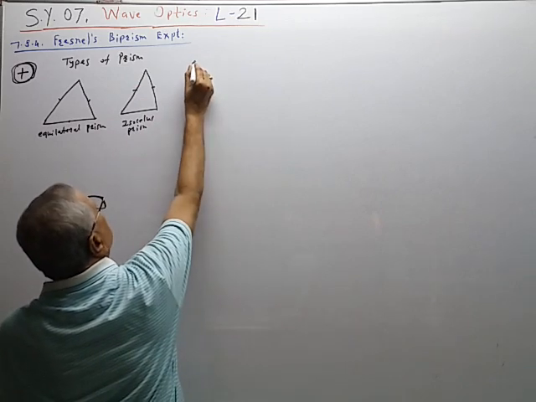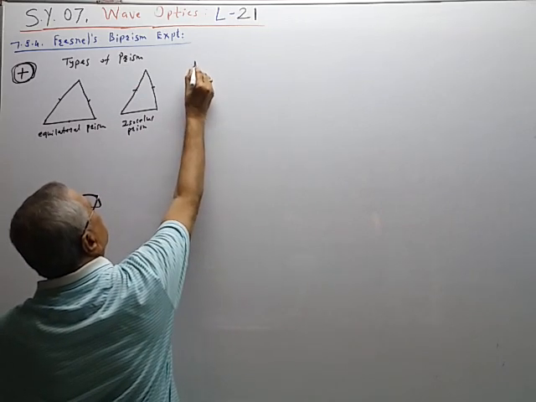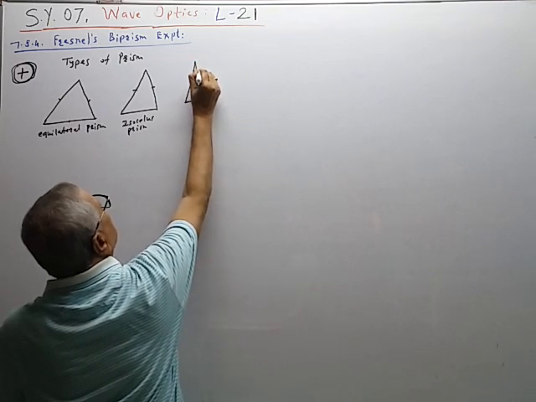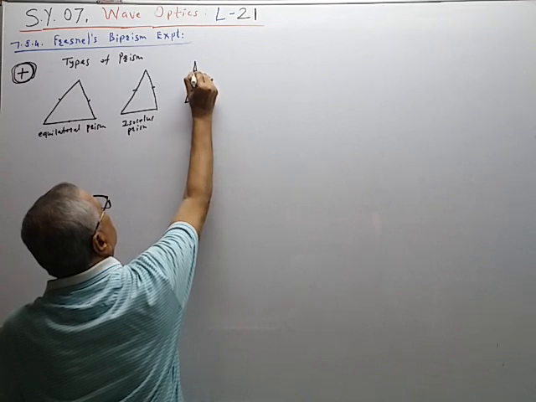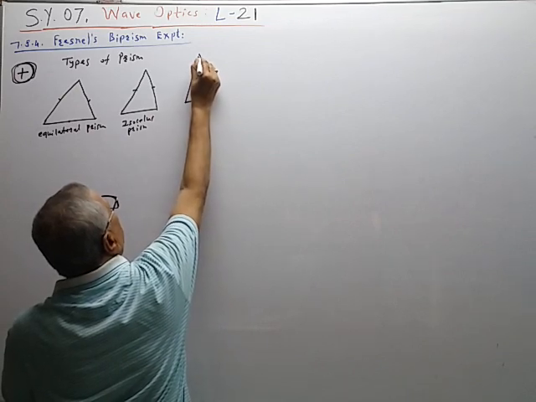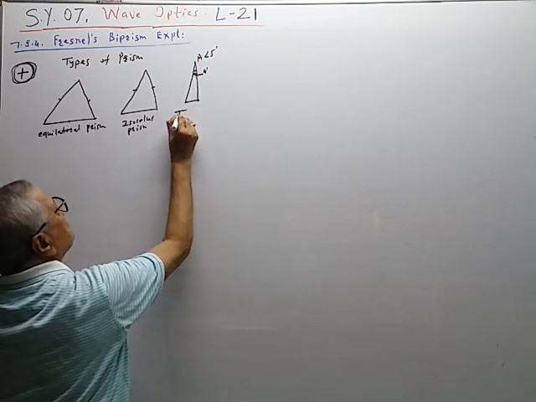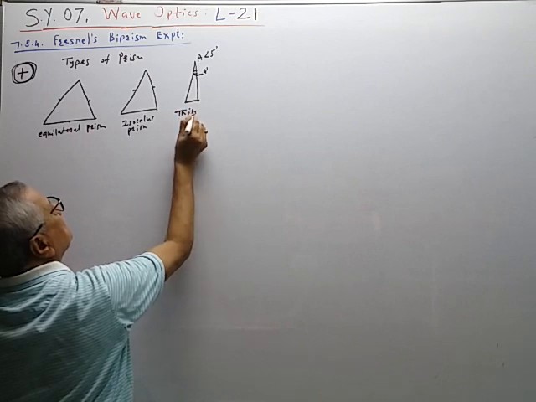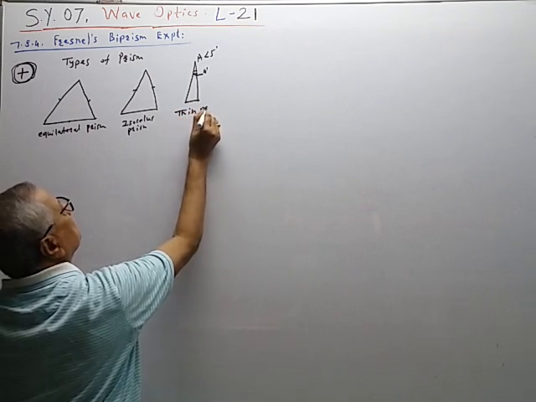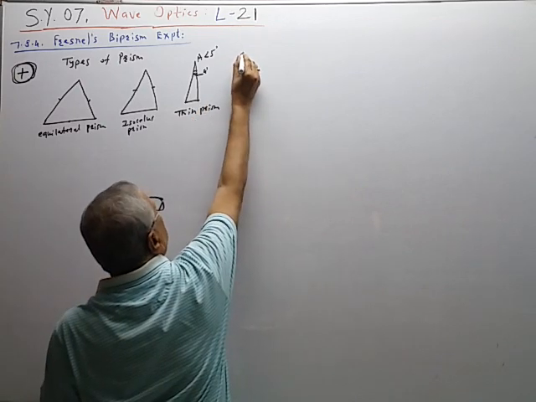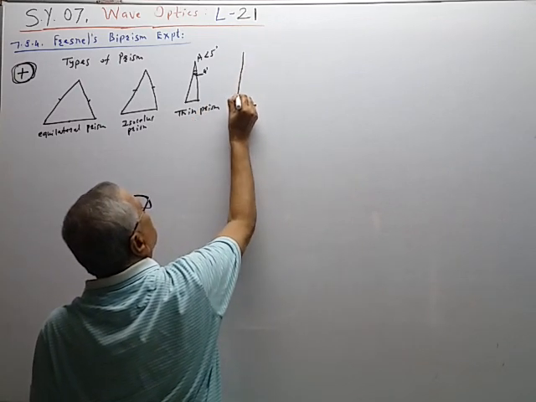Now, this is a special type when this refracting angle is 4 degree. So the angle of prism A is less than 5 degree. So this is called a thin prism.